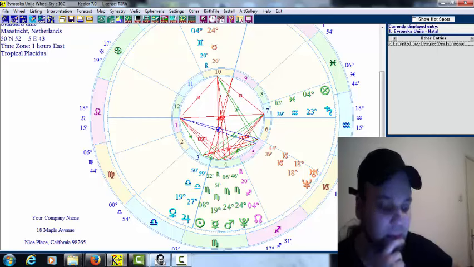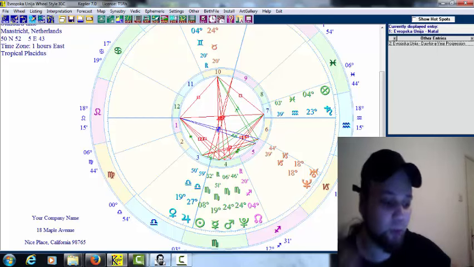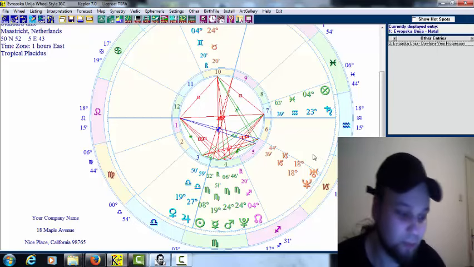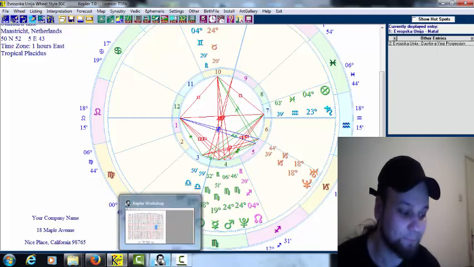in 2017. What is most important when we look at the transits for 2017?